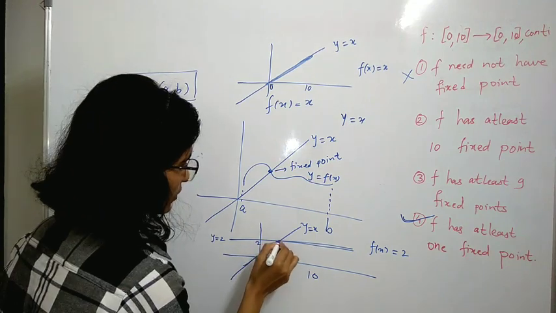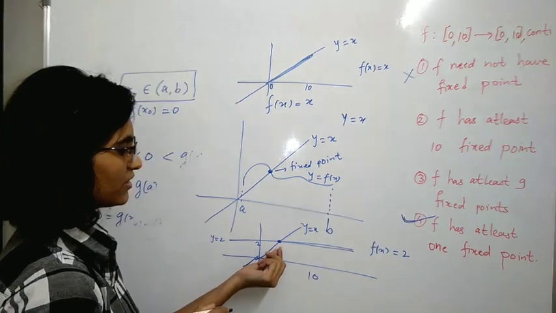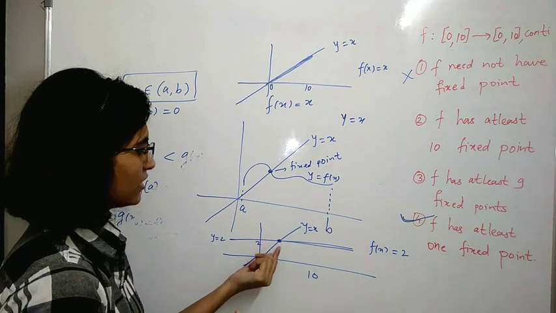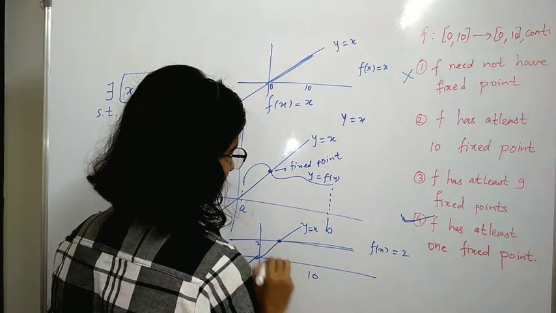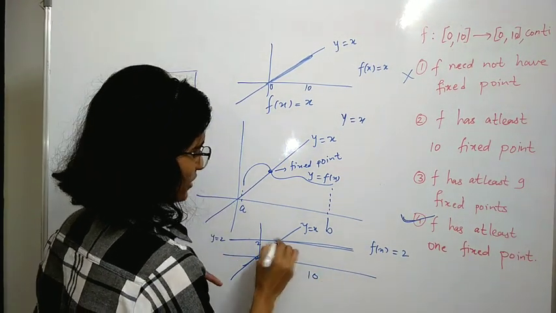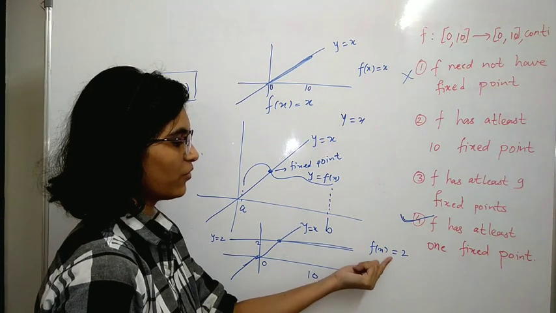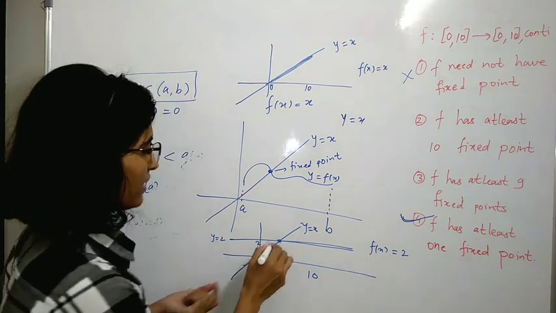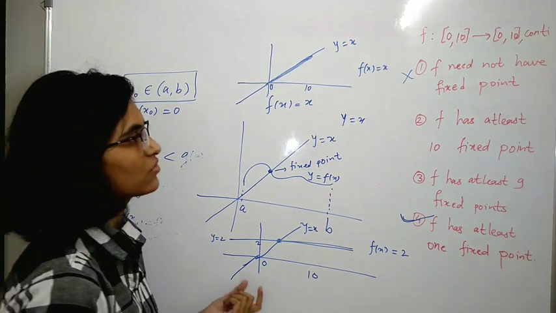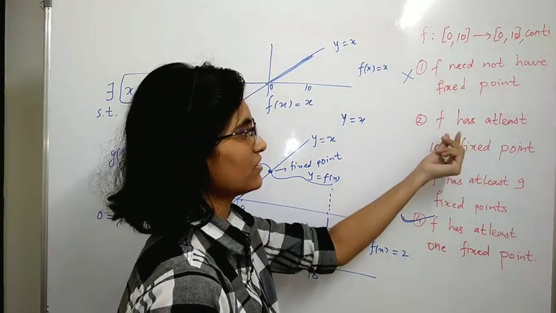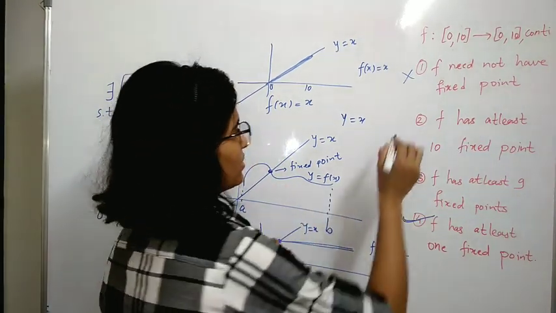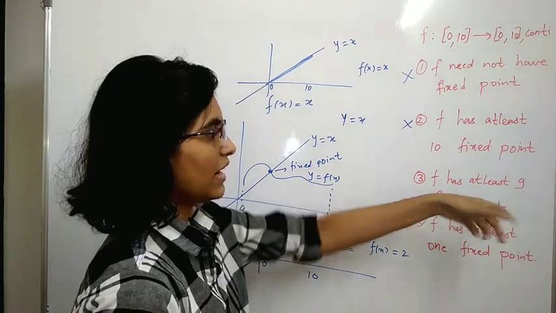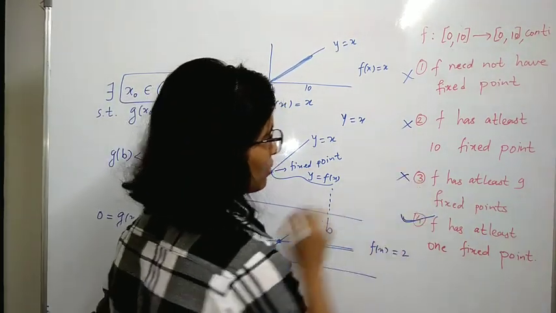So this line intersects this function in just one point, right? So here the fixed point is just this point. So the function f of x is equal to 2 has just one fixed point, right? So this is also not true because this says that it has at least 10 fixed points. Similarly, at least 9 fixed points, this is also not true.